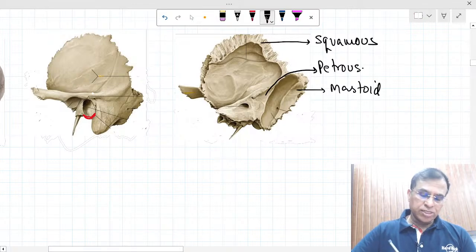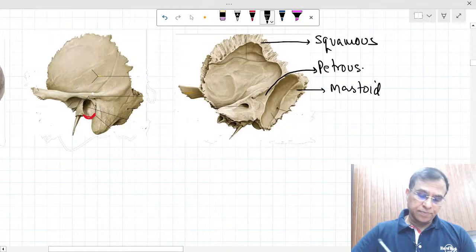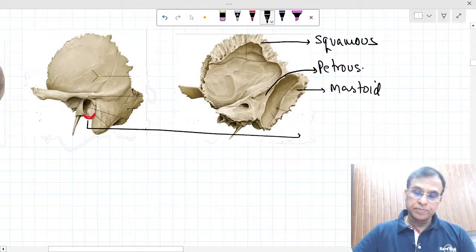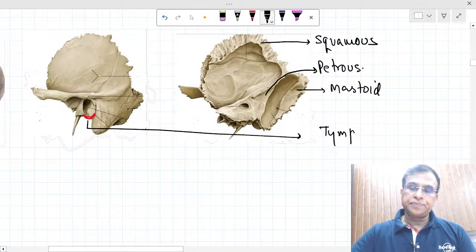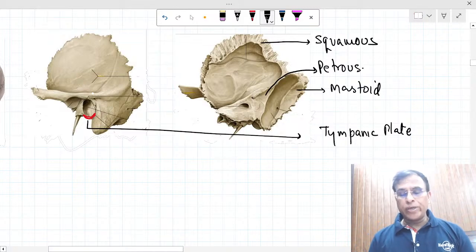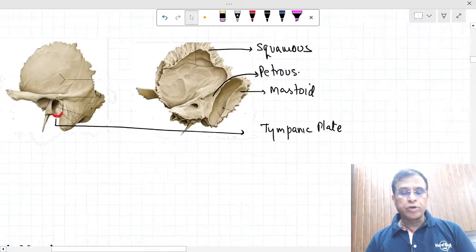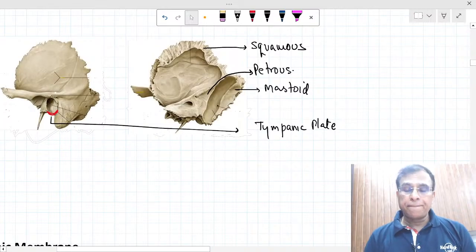What bone is this one? This is the tympanic plate. Right. So these are the four bones that meet together and form the temporal bone, in which the ear is located.